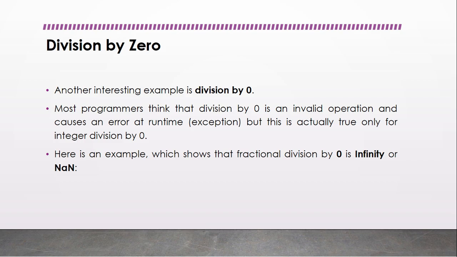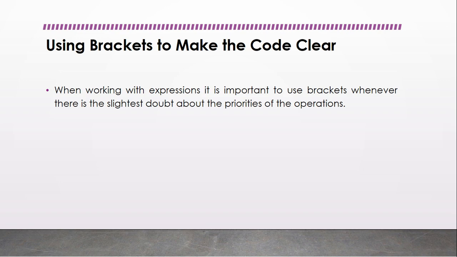But this is actually true only for integer division by zero, not for real division by zero. When working with expressions, it is important to use brackets whenever there is the slightest doubt about the priorities of the operations.